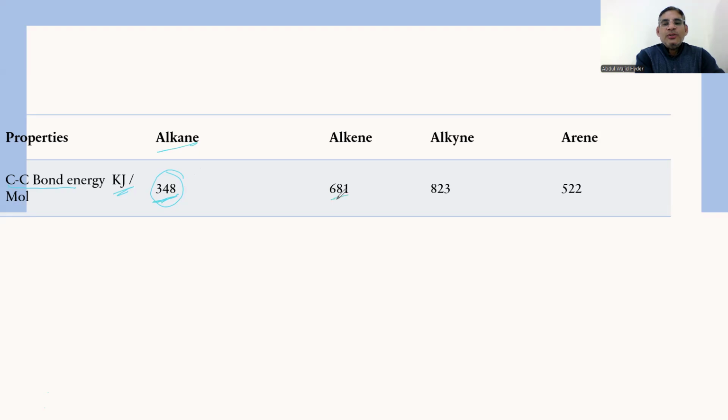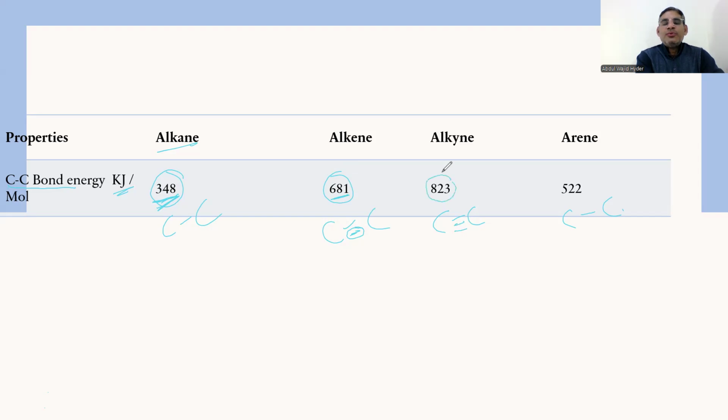Now see, you say that pi bond is weaker than sigma bond, but that is additional bond. Sigma bond is here also, in every case sigma bond will be, since the first bond, so will always be there. But one more additional bond is there. Of course, that is not so strong as sigma is, but so what? That is additional bond. So this is 348, this is 681 kJ per mole, and here two additional pi bonds will be there.